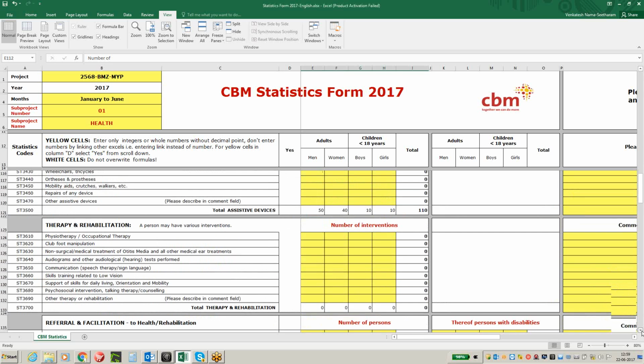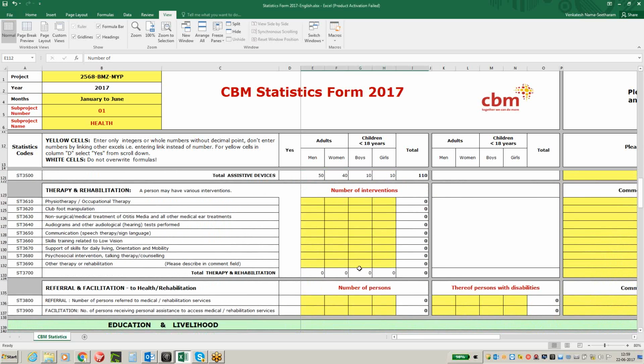This is intervention therapy and rehabilitation. Here we count the number of interventions. A person, for example, might be having 20 sessions of occupational therapy or physiotherapy. He might have gone 20 times. Here the persons are not counted, only the workload of the project is counted.